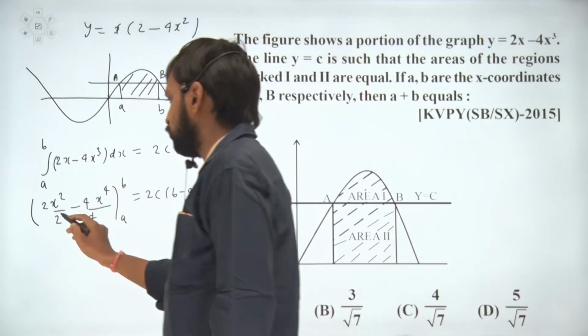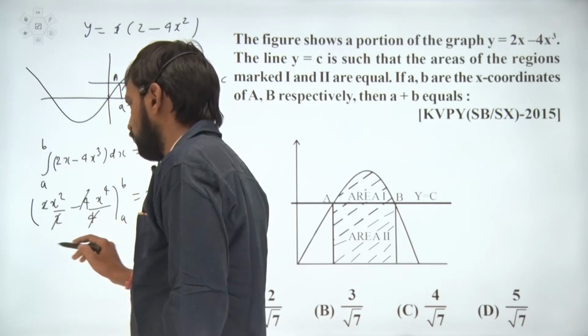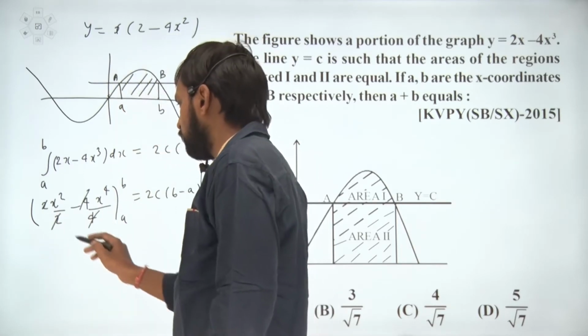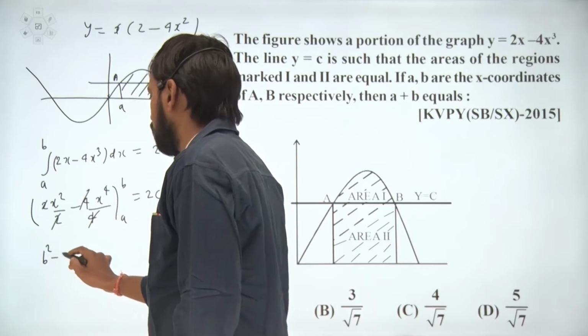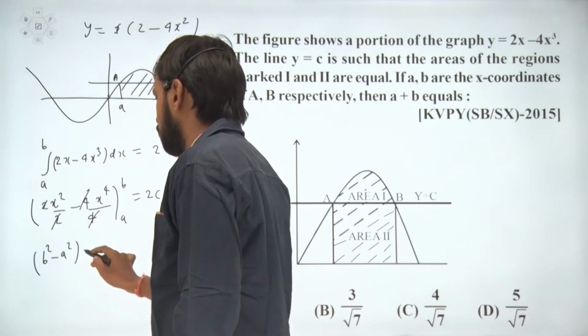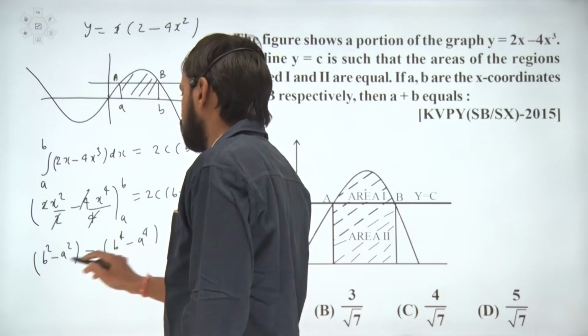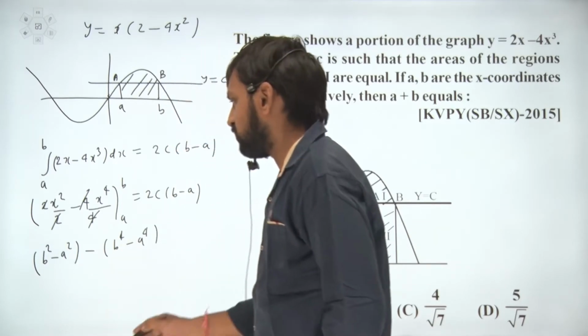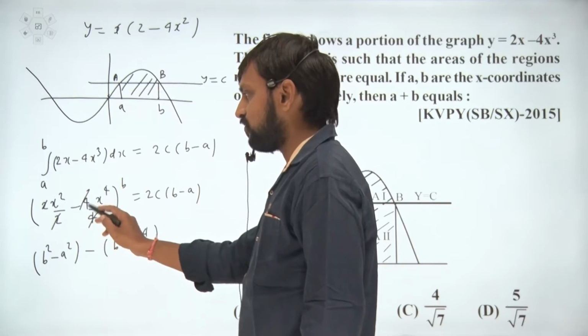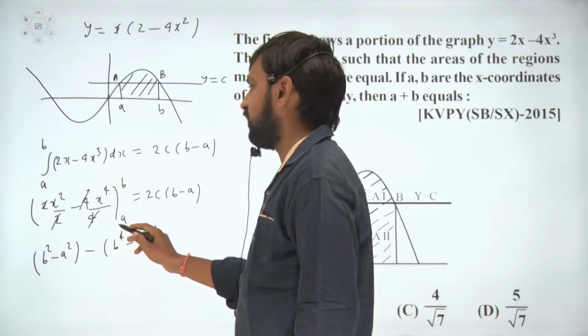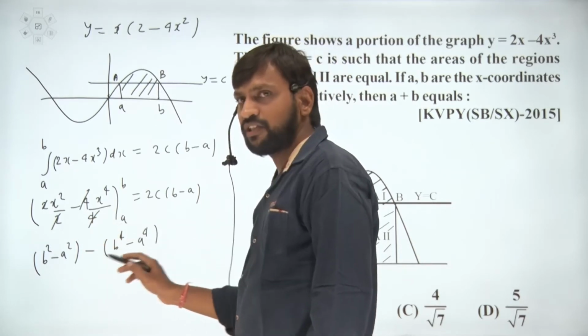Now from here 2 and 2 will be cancelled out, 4 and 4 will be cancelled out. Now from here we will get b square minus a square, and minus (b4 minus a4), because b square minus b4, then minus a square and minus a4, so we will get plus a4.